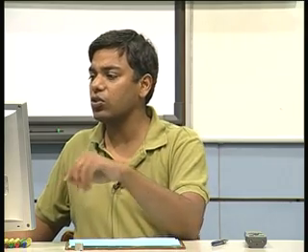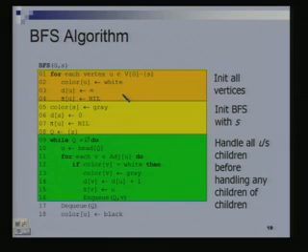So for initializing also, sir, we have to do some operation. What do you mean for initializing? For making the color of every node white. What can we do? What is color? Color is something like an array, right?